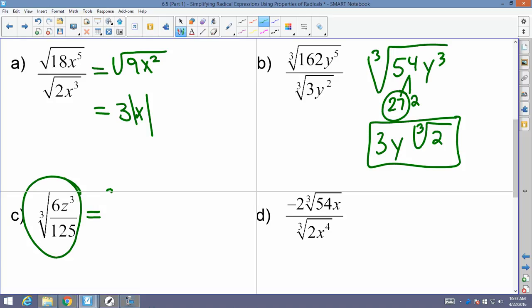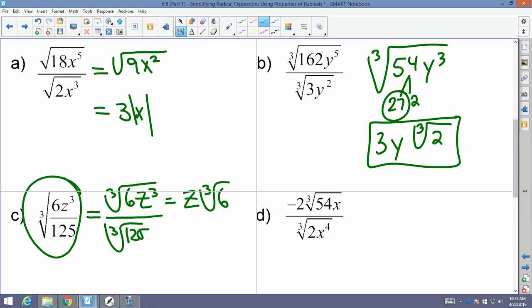Can't I produce the cube root of 6z cubed, which equals z times the cube root of 6, over the cube root of 125, which equals 5? So if you cannot simplify the interiors when it's in one big fat radical, separate them. Separate them. Does that make sense?